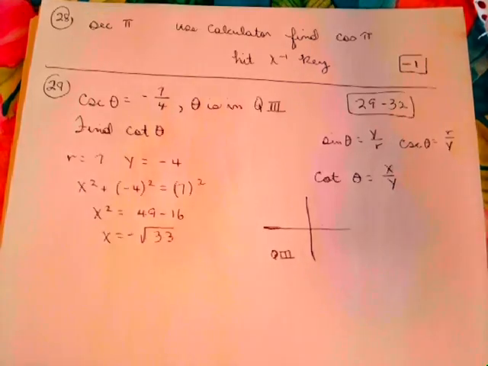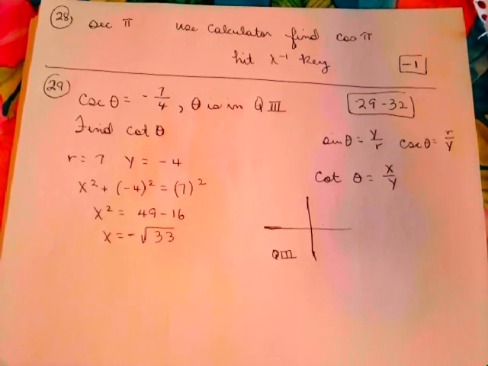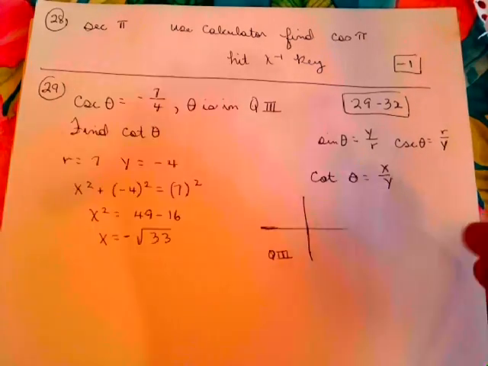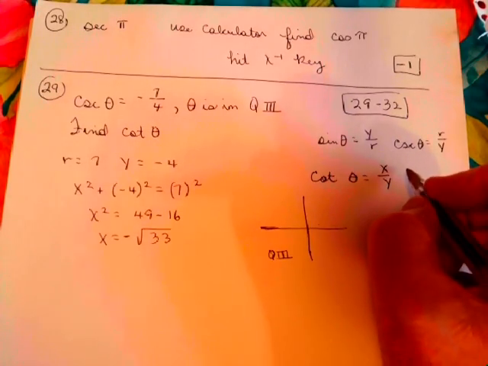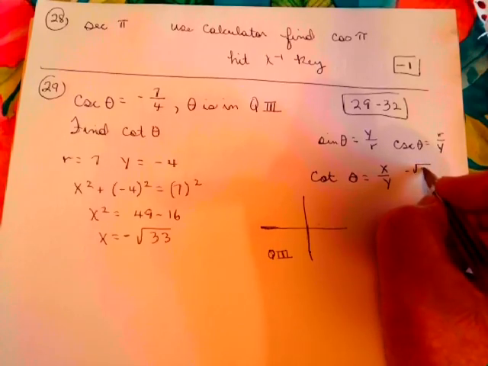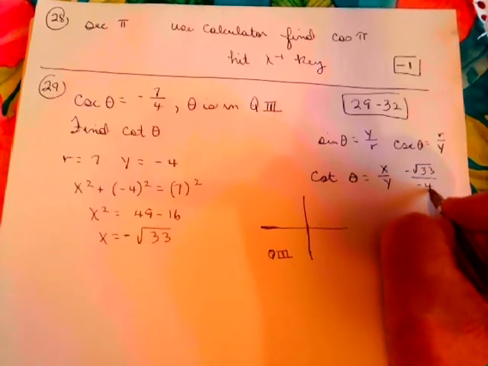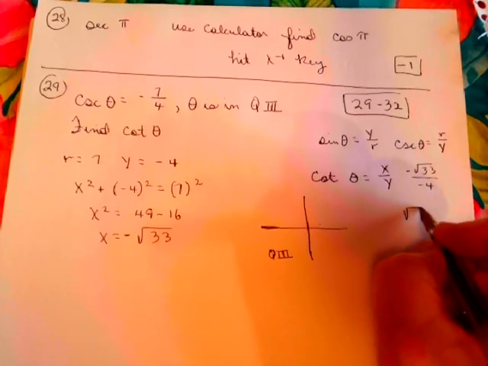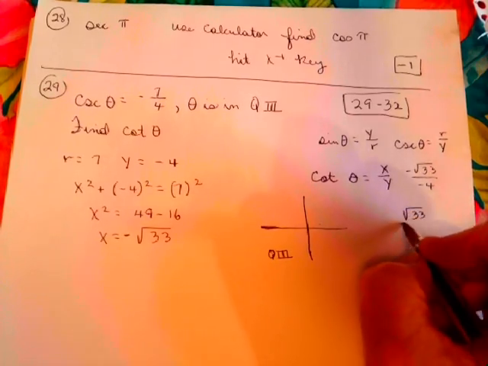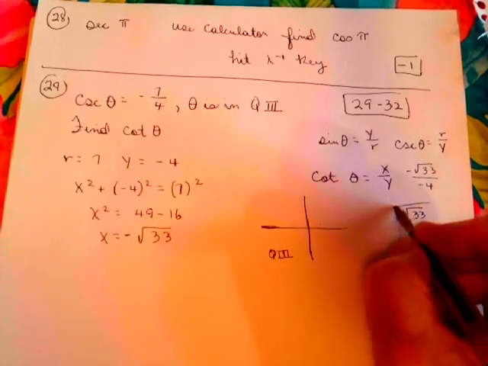So this is a negative square root of 33. Cotangent is x over y. That is negative square root of 33 over -4. Final answer, square root of 33 over 4.